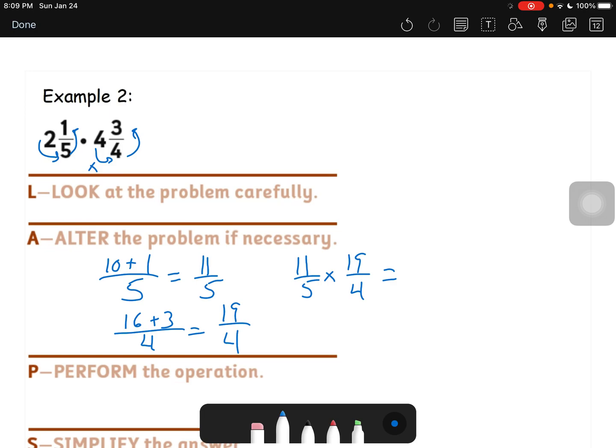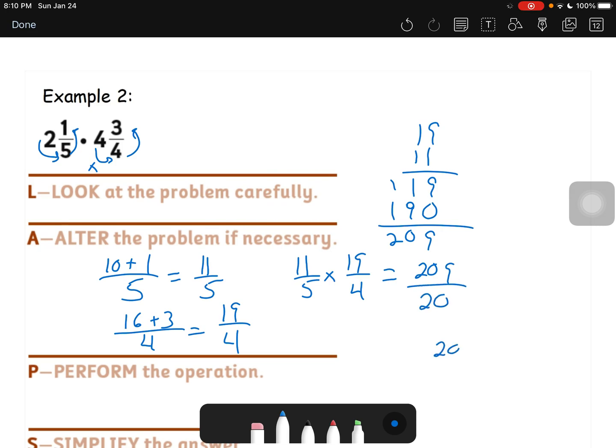So if we do 11 times 19, we can just work it out here. So we'd have 1 times 9 is 9, 1 times 1 is 1, 0, and then we'd have 9 here, 1 here, and we would get 209. So my top number is 209, bottom number is 20.